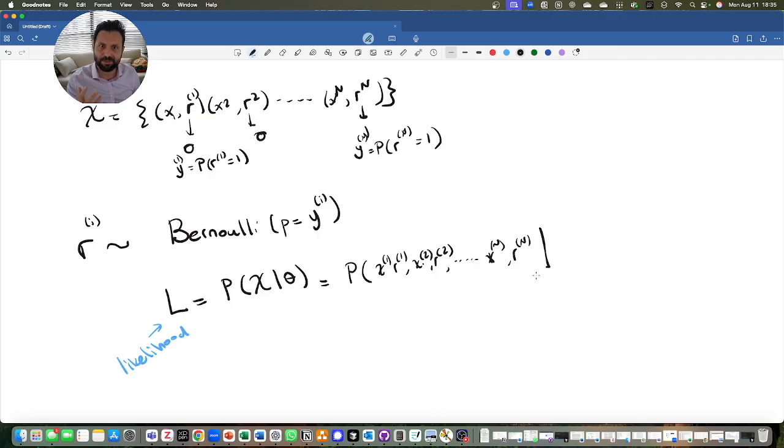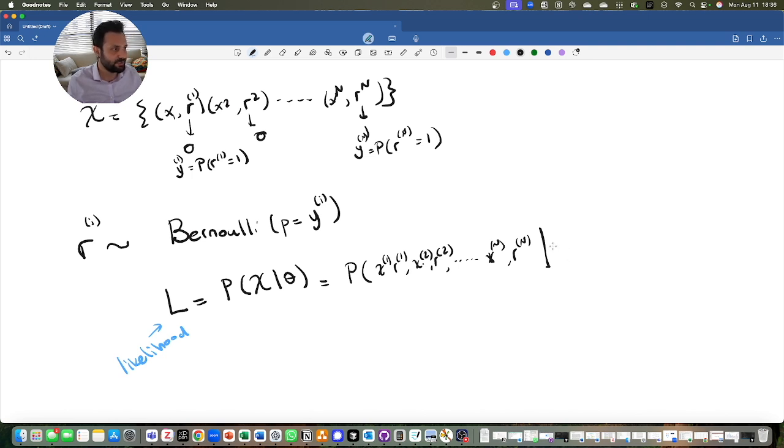And the parameter that gives me the opportunity to talk about my labels as Bernoulli random variables is the probability that my model estimates, right?